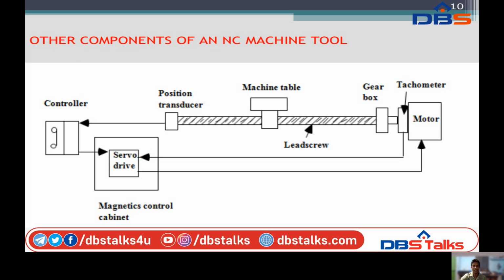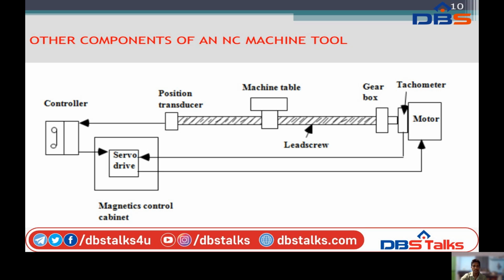Other components of an NC machine tool: the controller. The process starts from the controller. Here we are giving commands to the controller in the form of NC codes. After that, all commands or codes will be given to the servo drive.